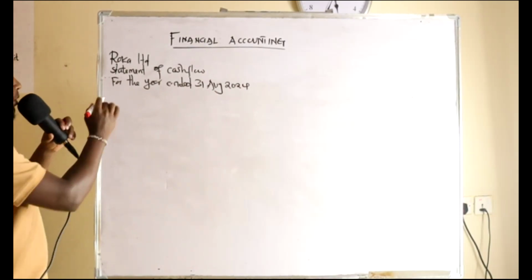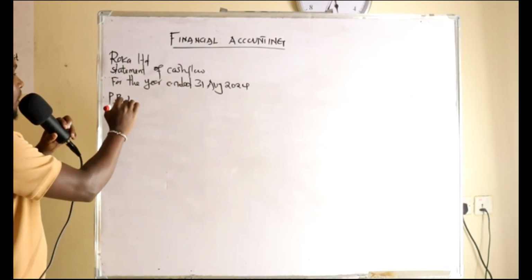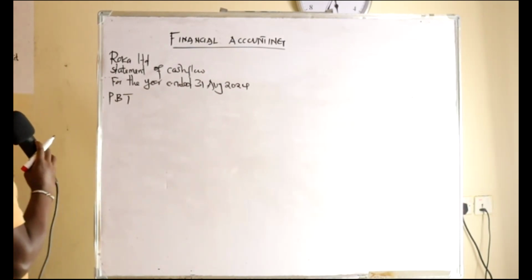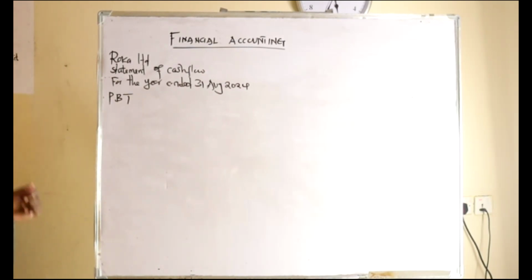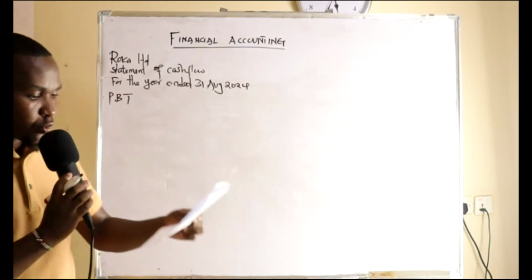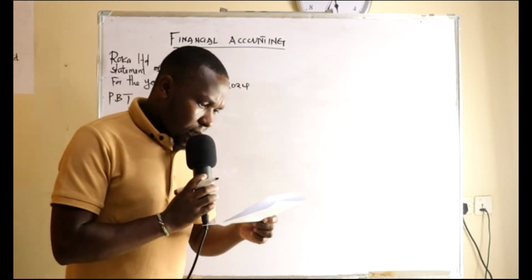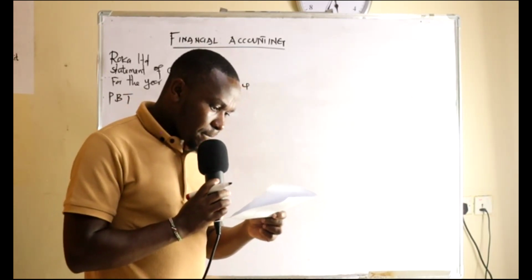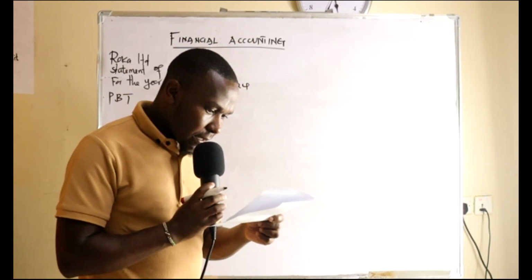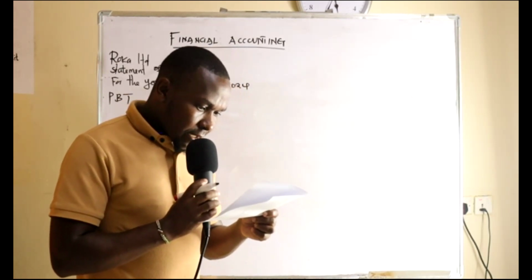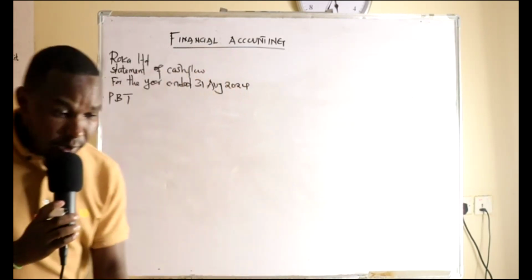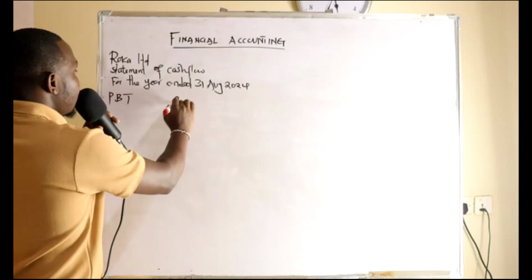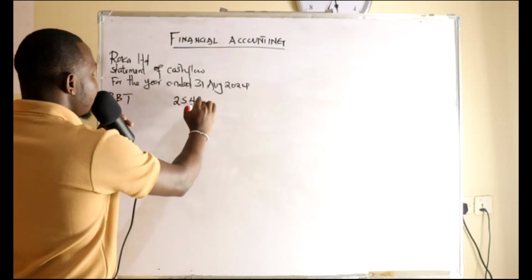As usual, we normally start with the profit before tax. So you go direct to the income statement, which you have been given. The net profit before tax is 2,549,404.